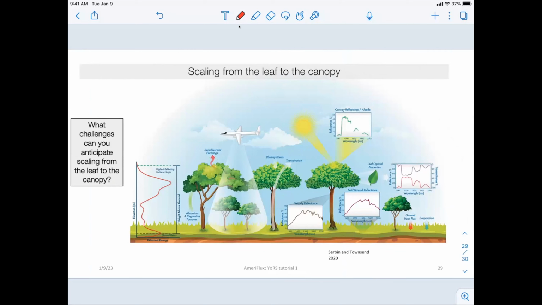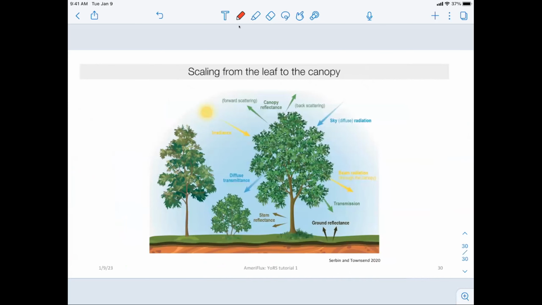So the last thing that I won't get into in detail, but I would recommend, is this book chapter, which came out a few years ago in the Remote Sensing of Biodiversity book that was edited by Janine Cavender-Bares. And this particular chapter talks a lot about challenges associated with scaling from the leaf to the canopy.